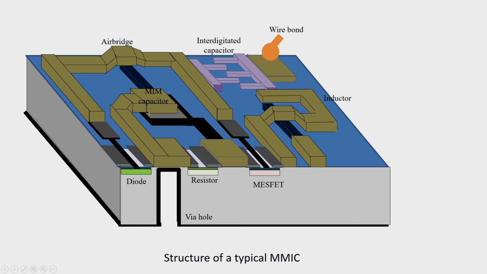An MIM capacitor is shown, and then we have the resistor, via hole. So, this is how a typical MMIC will be organized, and different levels of fabrication steps will be carried out.